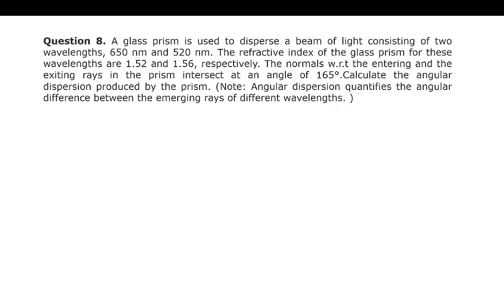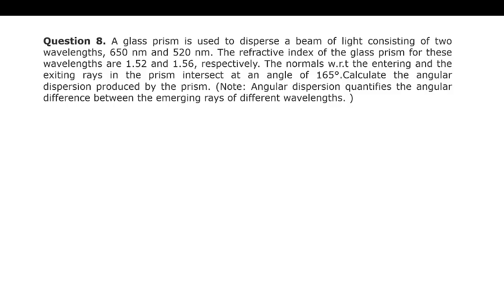Okay, so question number 8: a glass prism is used to disperse a beam of light consisting of two wavelengths, 650 nanometer and 520 nanometer. The refractive indices of the glass prism for these wavelengths are 1.52 and 1.56 respectively. The normals with respect to the entering and the exiting rays in the prism intersect at an angle of 165 degrees.